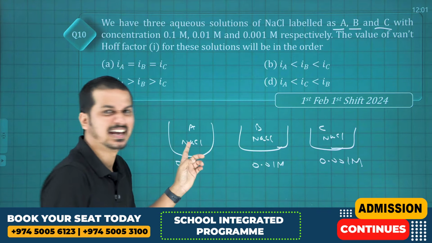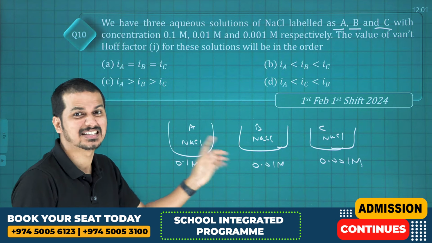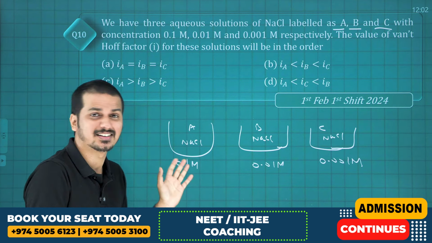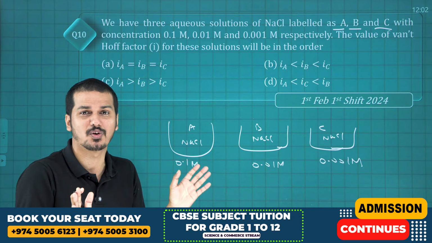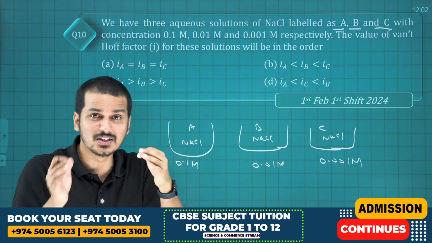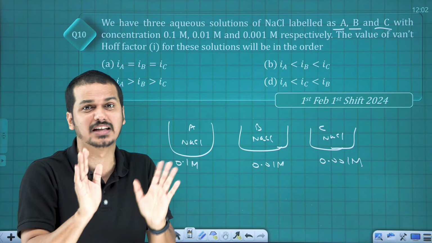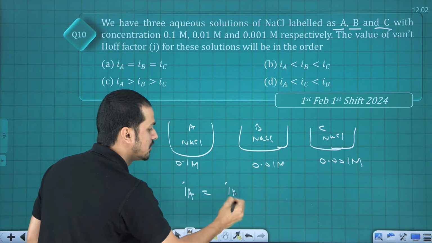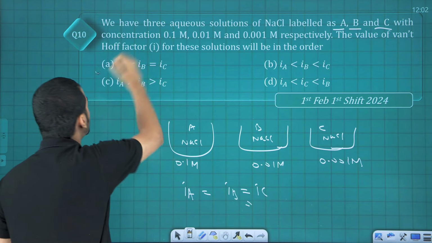NaCl is one kind of solute particle. The Van Hoff factor does not depend on the concentration, it depends only on the nature of the solute particle. Whichever solute you take, the i value changes accordingly. So Ia equals Ib equals Ic, so option A will come.